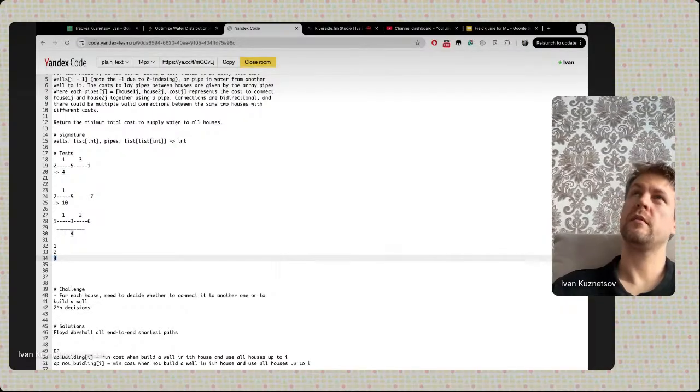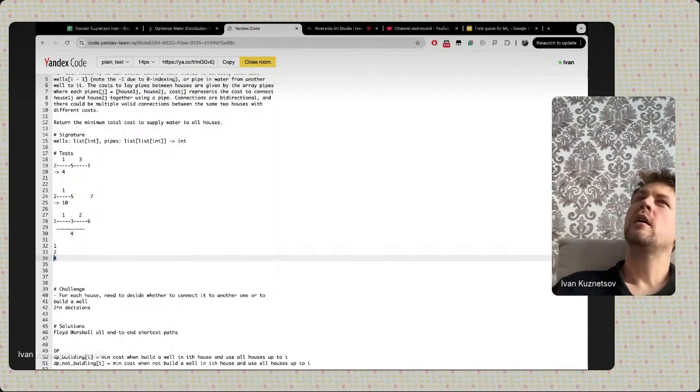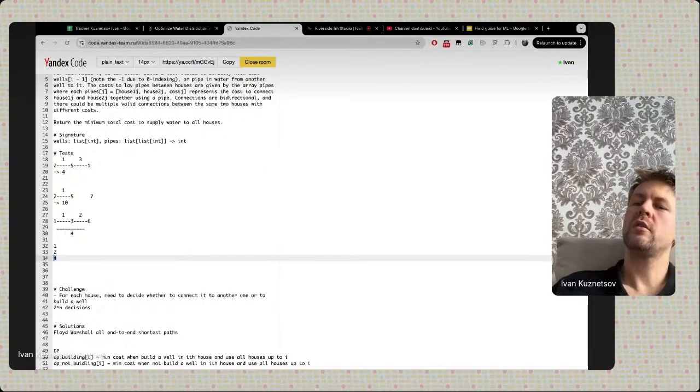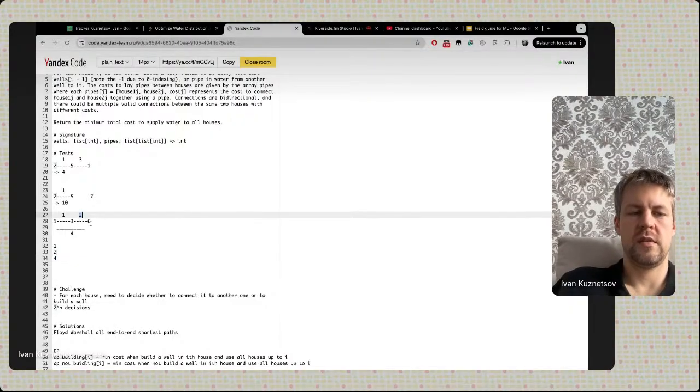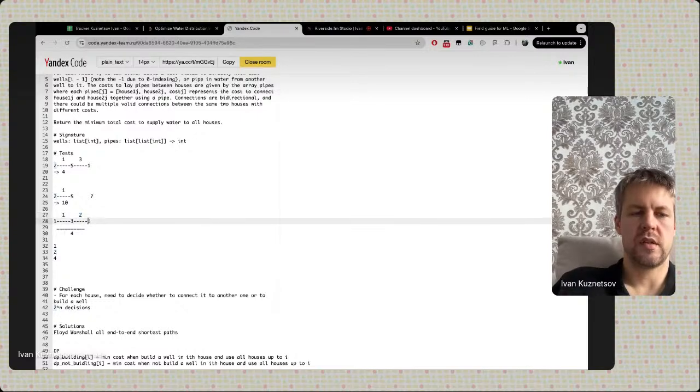I think it can never happen that we have found a minimum cost, but don't have all of the connections built. If we find that this is the minimal cost and we don't need to build this connection, it basically assumes that the previous connection that we have here is already built. Because it would be cheaper to get here, and if we got here at this price and now we can build this connection, it will be also the cheapest one.